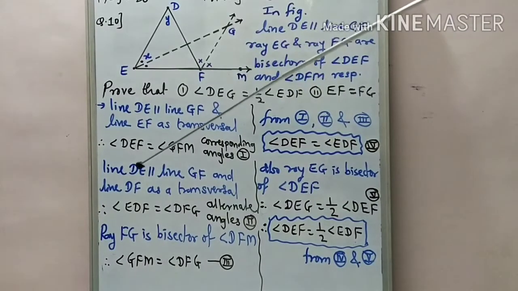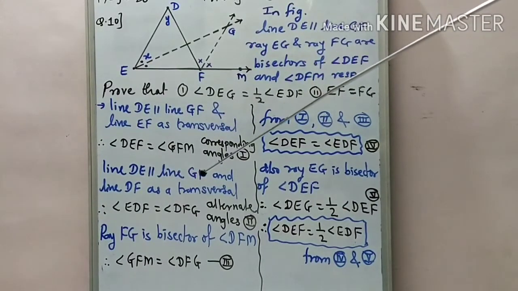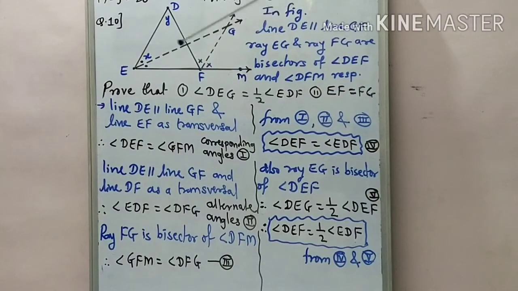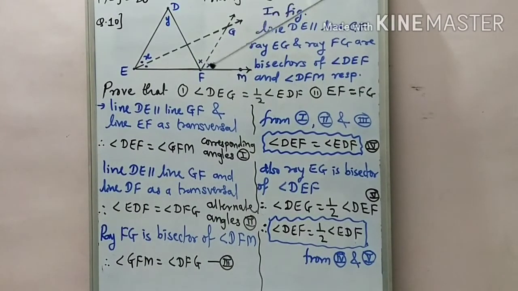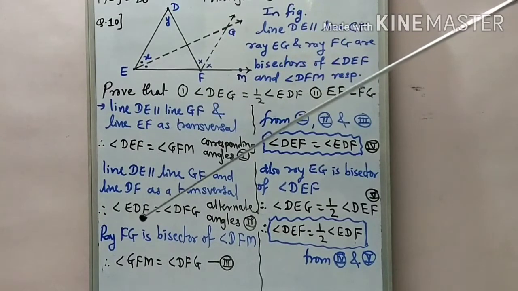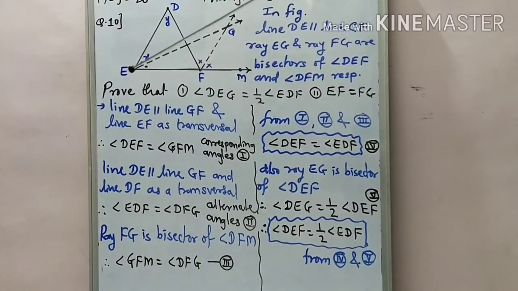And similarly, as line DE is parallel to line GF, and we change the transversal to DF, here we get the alternate angle pair, angle EDF and angle DFG, but these two are congruent or equal in measures. So according to 1, 2 and 3, we get angle DEF is equal to angle EDF. Okay, DEF, this whole angle is equal to EDF.